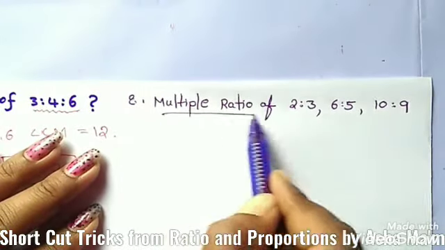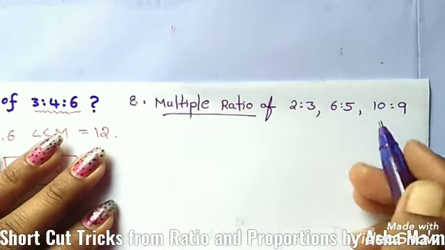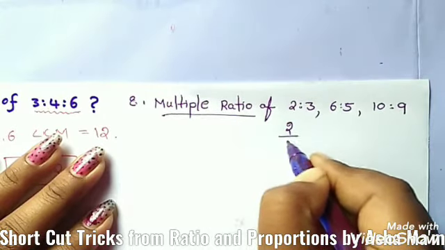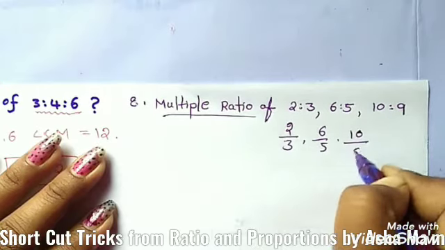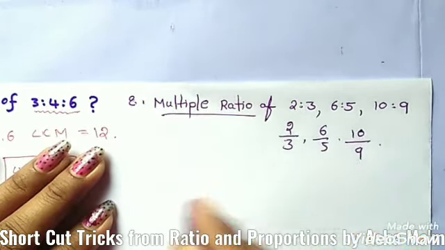Here is the multiple ratio of 2 is to 3, 6 is to 5, 10 is to 9. Here, basing upon this data, you can write like this simply: 2 by 3, 6 by 5 and 10 by 9, if you write these ratios in the form of fractions.